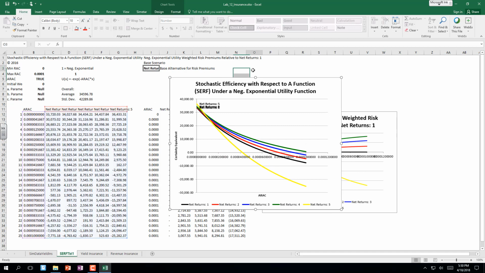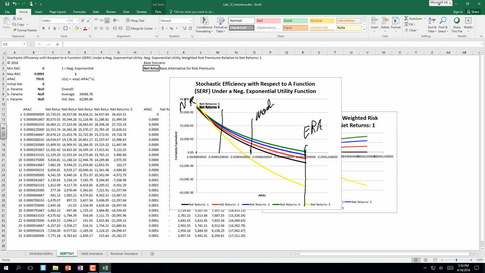And if you're trying to rank this for a moderate risk-averse person, remember that this area here is for an extremely risk-averse person. This one's for a risk-neutral person. And then halfway between here and there, so right about here, is for moderate. And halfway again, which is a fourth of the way back, is for a normal person.